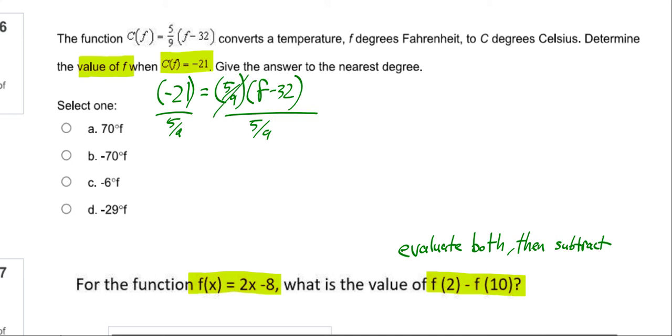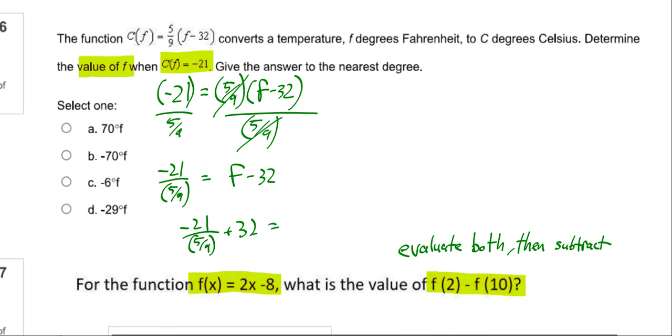That means that this 5/9 and that 5/9 cancel. I'm just going to leave this as negative 21 over 5/9 for now. It's a mess, but that's okay. Is equal to f minus 32. I want f by itself, so I need to add 32 to both sides. So negative 21 over 5/9 plus 32 would be equal to f.